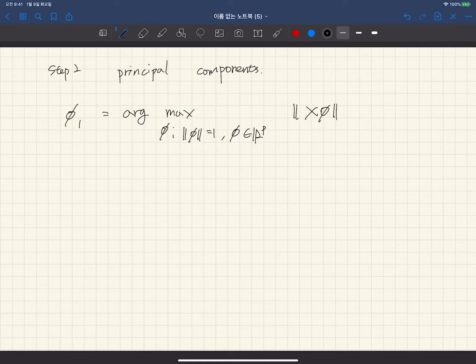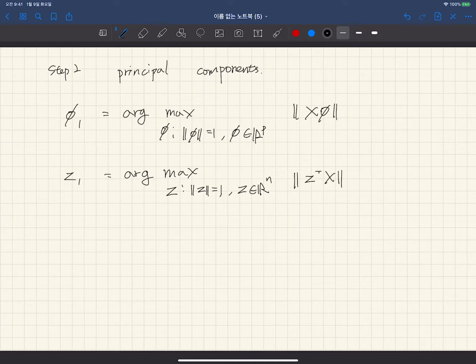You can define the same principal component from the left hand side of your matrix X. So let's say Z1 is the first principal component from the left hand side. Then this is argmax over z vector such that the two-norm of z is equal to 1, and of course the z vector belongs to n-dimensional real space, that maximizes the two-norm of z transpose x.